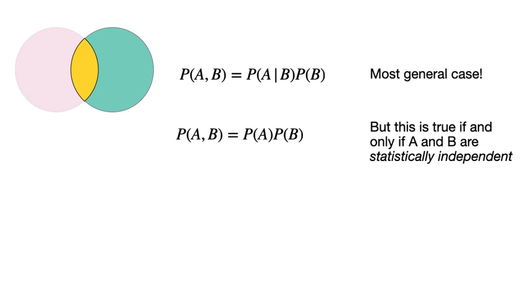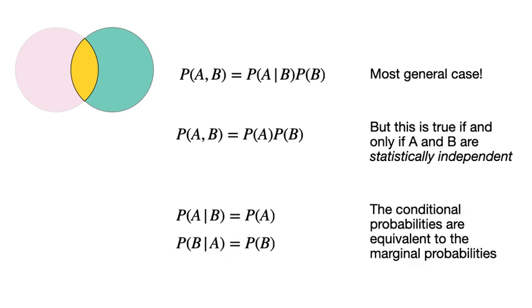So this is what it means to be statistically independent. It means that this conditional probability is the same as the marginal probability. The very definition of statistical independence is that the probability of A given B is equal to simply the probability of A. B doesn't affect anything here.